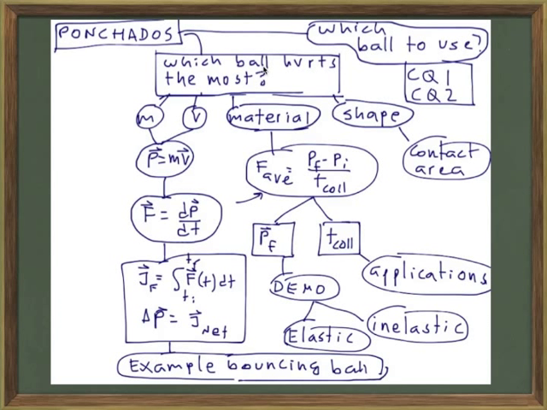The collision time has to do with whether the object gets deformed or not, right? And that has applications in terms of saving an egg thrown towards a wall, or car airbags, and stuff like that. We talked about the shape because of the contact area. Okay, so that's pretty much what we've talked about so far.